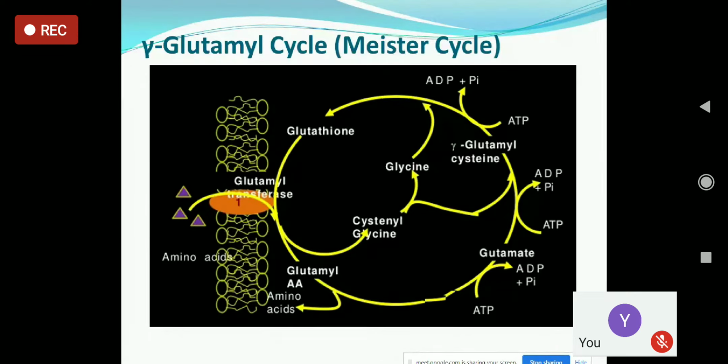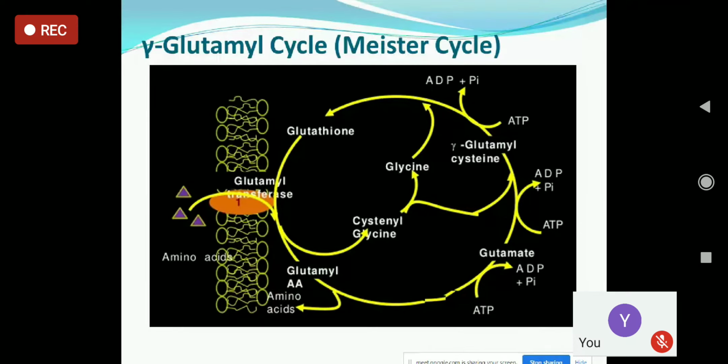This cycle occurs in 3 main locations in the body: the small intestine, the kidneys, and the liver. For now we are concerned about the occurrence of the cycle in the small intestine. The main function of the cycle is to maximize the absorption of amino acids from the extracellular space.